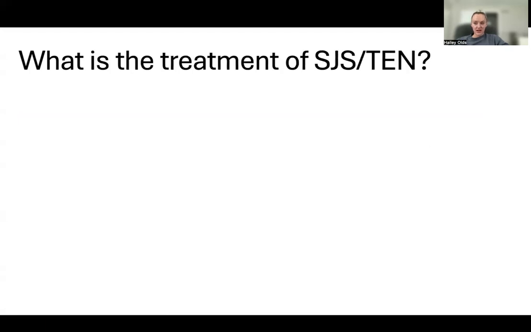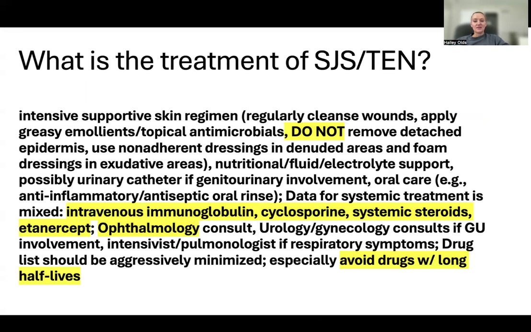How do you treat SJS or TEN? So, spoiler alert, there's no consensus on the best way to treat this, but you should do some gentle wound care. It's important not to remove the detached epidermis because it acts kind of as a biologic dressing. It's important to have nutritional and electrolyte support. And it's good to get the appropriate teams on board.